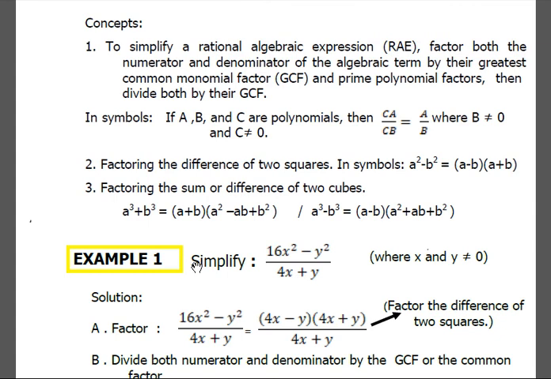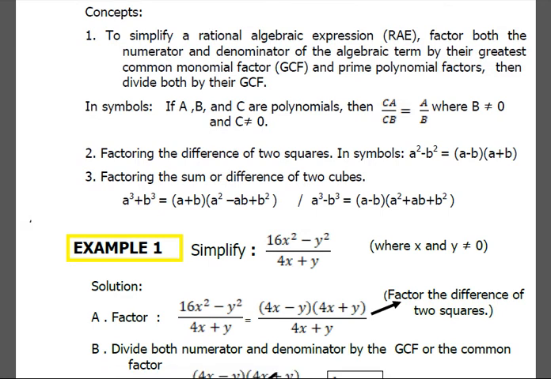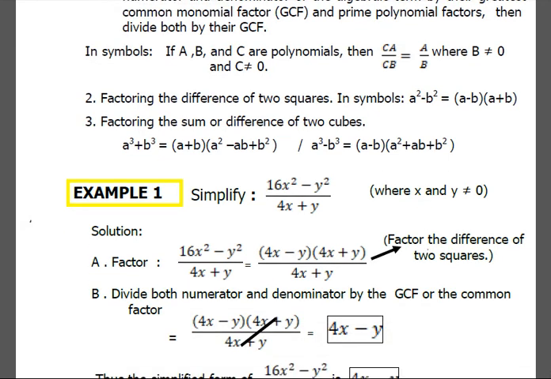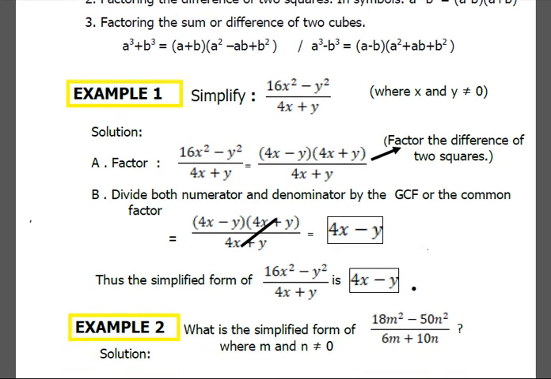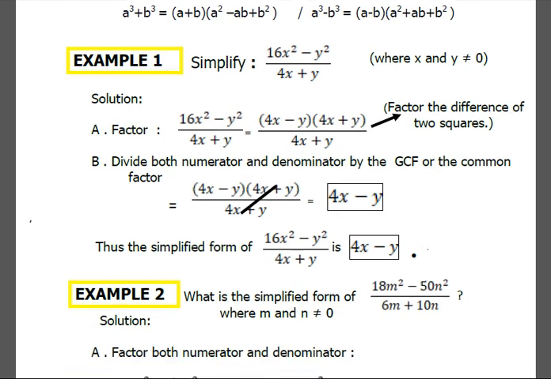Now for example number 1, we have to simplify this expression, and I leave it to you in further details, but I have to give you a shortcut of this one. Let me have my notepad here. Let me cover the solution space.